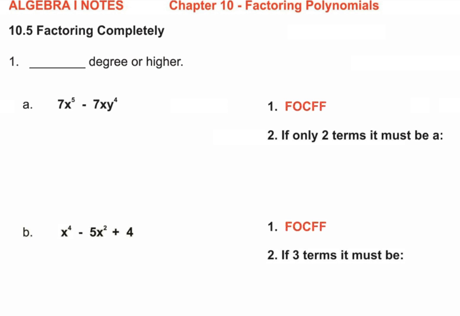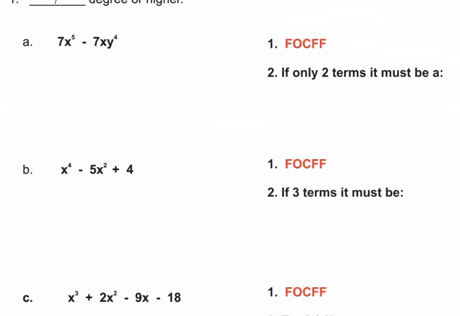We don't have time. But I can teach you the principles that should help you with the different possibilities. And that's what we've got to learn today. So, first off, we're going to deal with things that are fourth degree or higher.